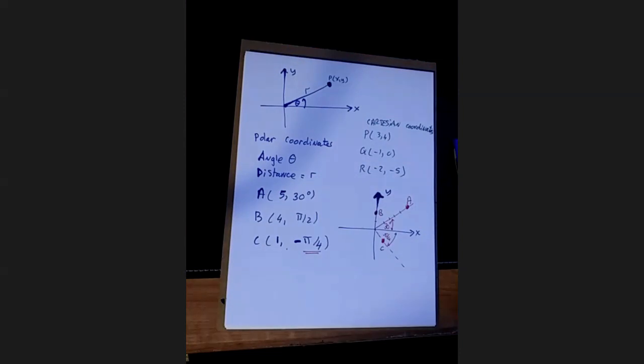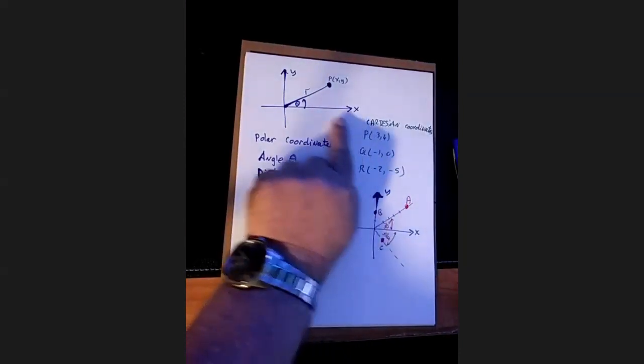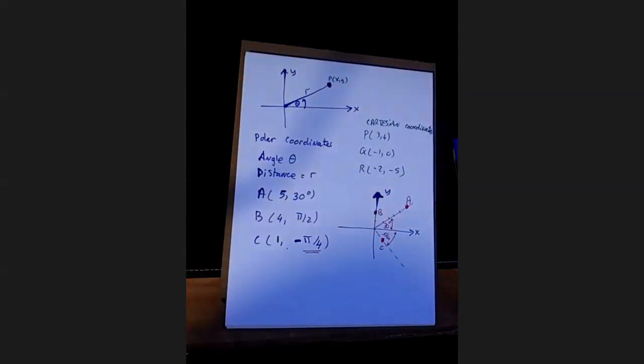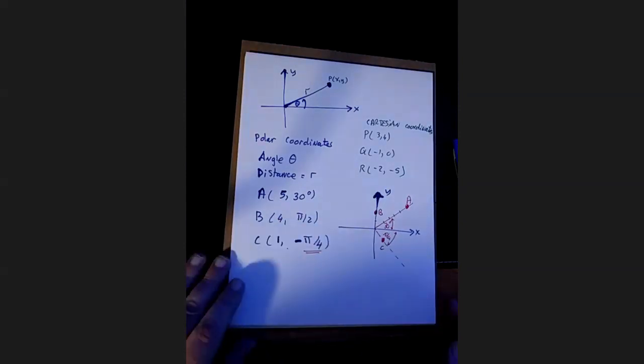It's unique. See if I tell you the point 3, 4, and that guy there is 3, 4. Isn't that the only way you can tell me in Cartesian that point? There isn't another pair of numbers that will get you to the same location, right? 3, 4 is 3, 4. That's it.